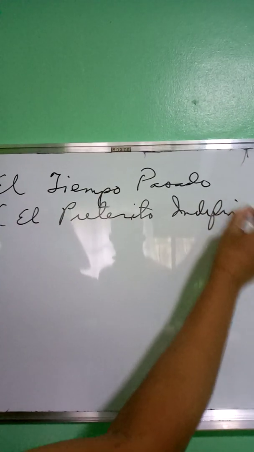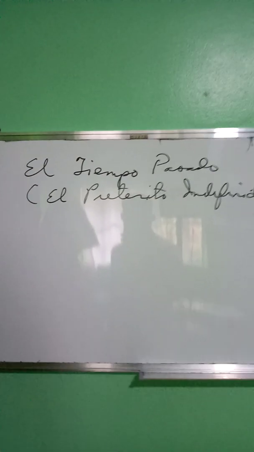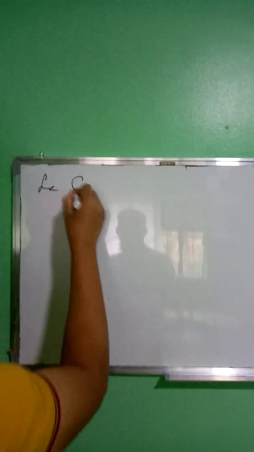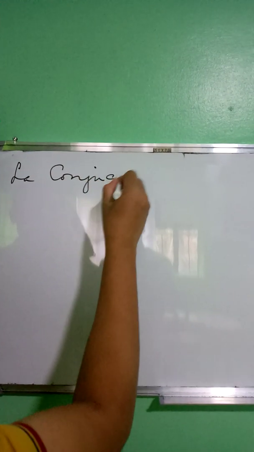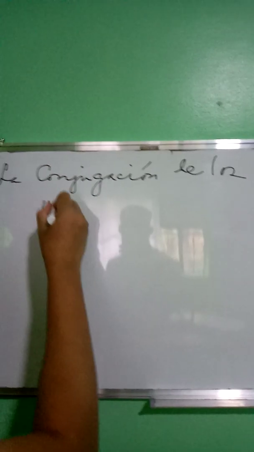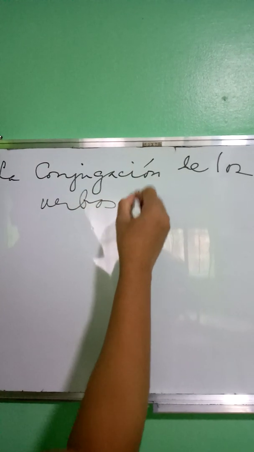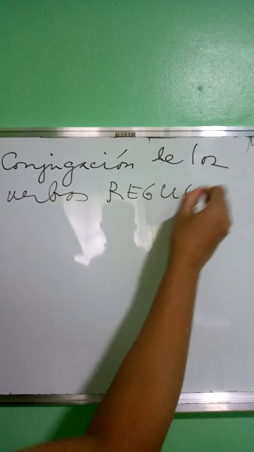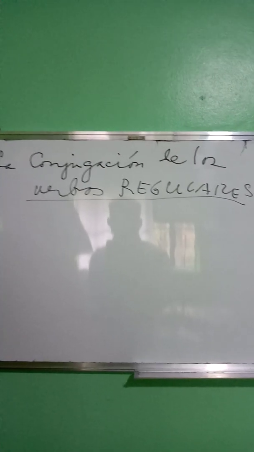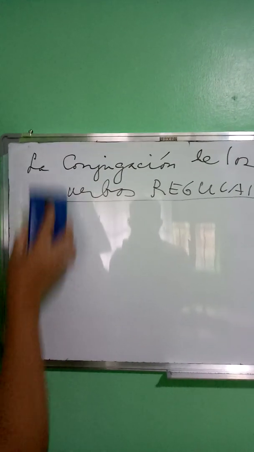Okay, so as is customary, we go first to the conjugación, la conjugación de los verbos. Remember, it is still regular verbs, no? Regulares. Okay? We go back to this, no? Verbos regulares. So we are still in the discussion of regular verbs, the conjugation. La conjugación de los verbos regulares.